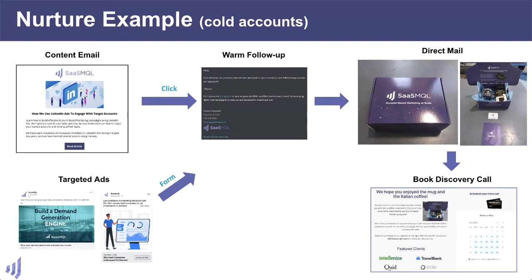That's the worst case scenario, because marketing is working hard, spends a lot of budget, generates an opportunity or a lead or a meeting, and sales doesn't care and doesn't follow up. I've seen it many times. It's the worst type of situation, so try to avoid that as much as possible.